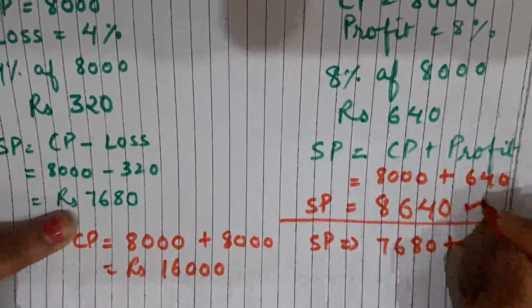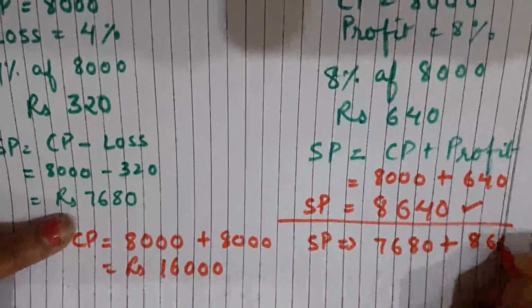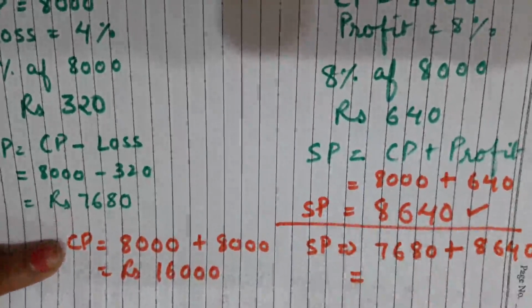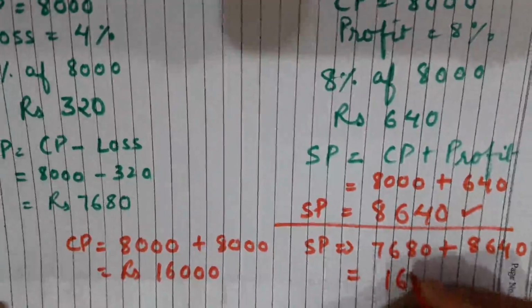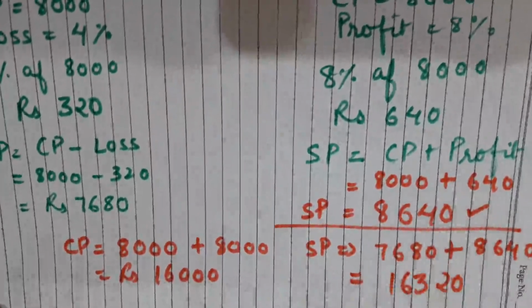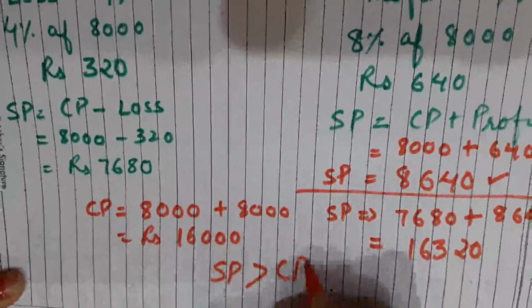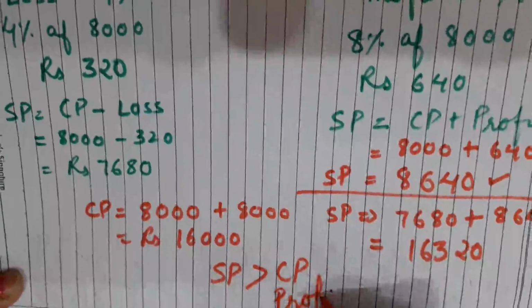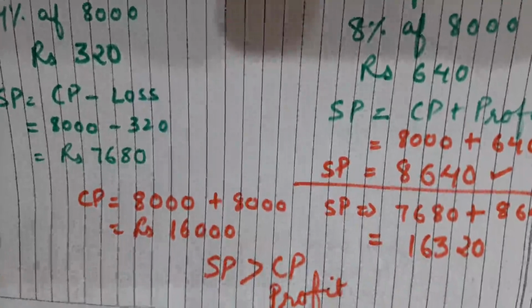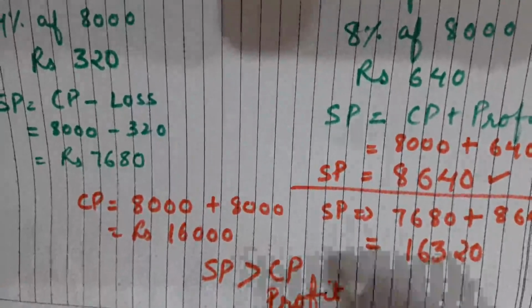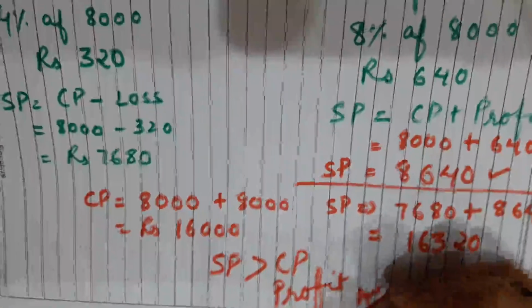Selling price of TV is 8,640. Now add both of them, you will get 16,320. So your selling price is greater than cost price. It means at the end the shopkeeper faces a profit. Okay, let's do the next question.